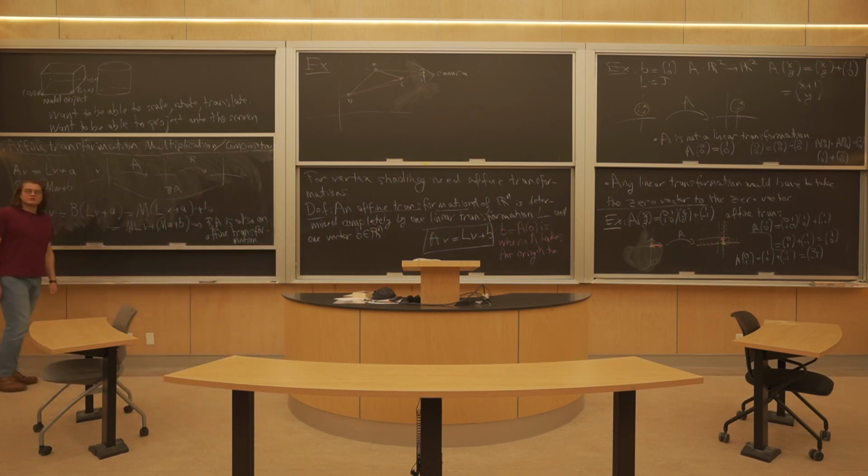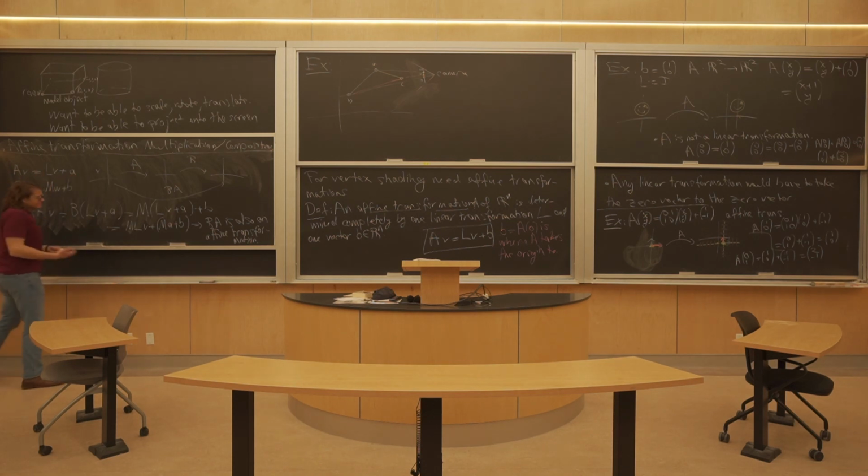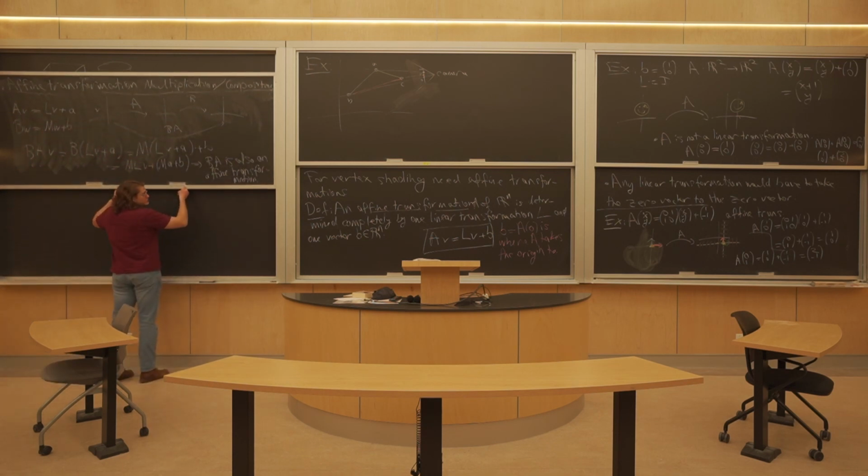Okay? Any questions about this? Now, instead of writing affine transformations like this, I can also compactify a little bit the notation. I can just say A equals L comma A, because an affine transformation, after all, is defined by a linear transformation and a vector.